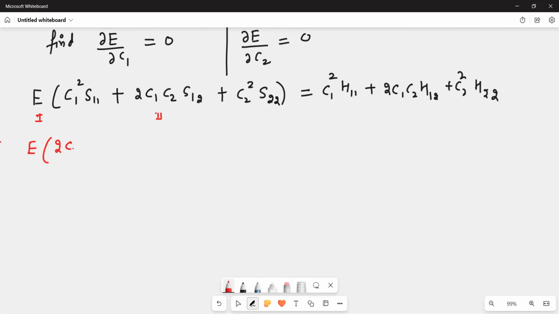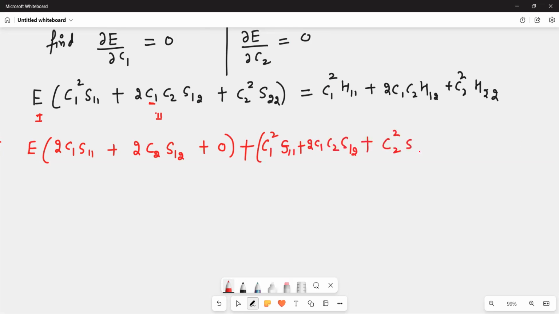So you will get 2C1 S11 plus 2C2 S12, and the third term will be 0 because there is no C1. Then plus the second term as it is, C1 square S11 plus 2C1 C2 S12 plus C2 whole square S22. Differentiation of the first, curl E by curl C1, equals, now differentiation of this part.